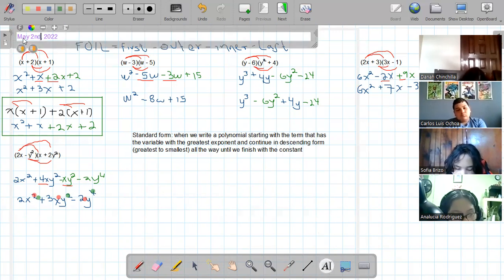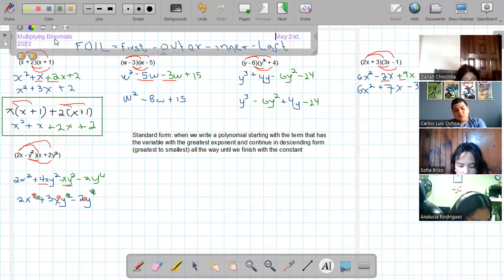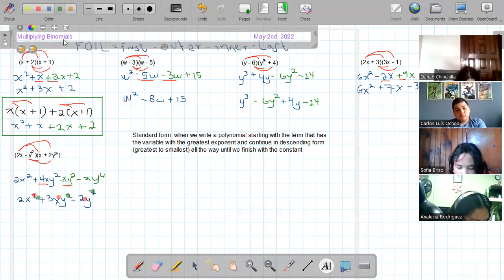No? Let's place the topic's name. What is this topic's name? Multiplying binomials. Exactly, multiplying binomials, because that's all we did. We multiplied binomials using FOIL.